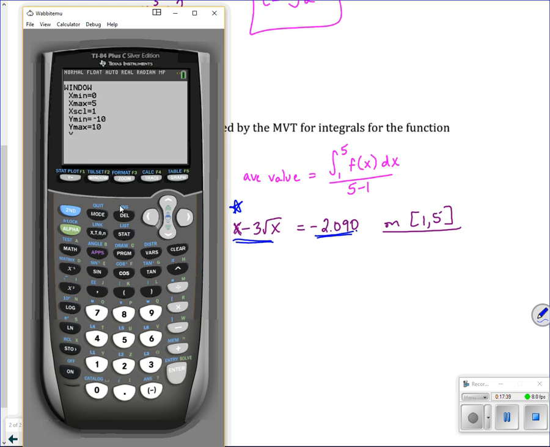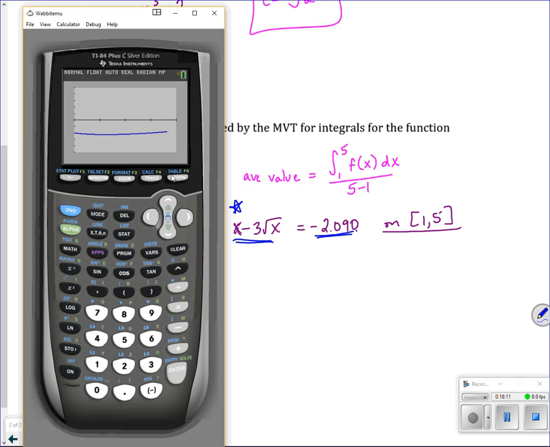I don't care where it's hitting outside 1 to 5. The only C values I'm going to write are 1 to 5. So why not put your X-min and your X-max from 1 to 5? That's all you've got to look at. Now my Y2 is -2, so I could make this a little tighter. I'm not saying -10 to 10 wouldn't work, but I just like to emphasize the piece of the graph that I really care about.